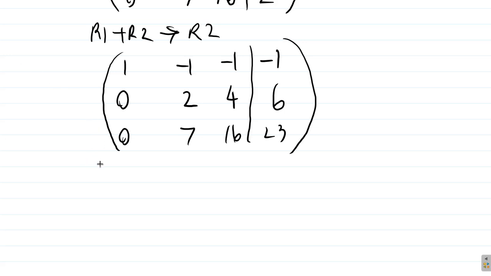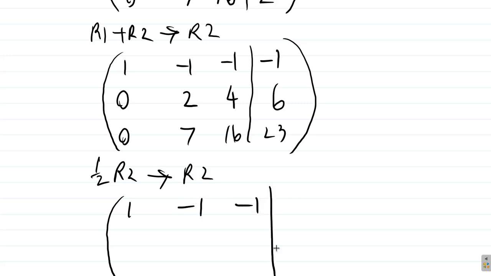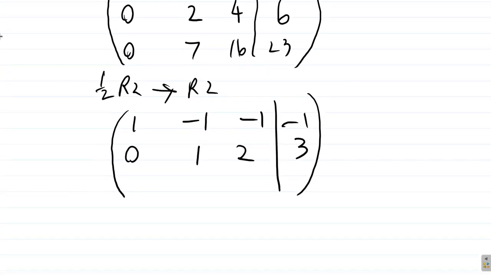Sometimes instead of saying row 2 divided by 2, you could say half row 2, and it gives you new row 2. So we have row 1 as 1, negative 1, negative 1, negative 1. Half of this is 0, 1, 2, 3. And then we have 0, 7, 16, 23.